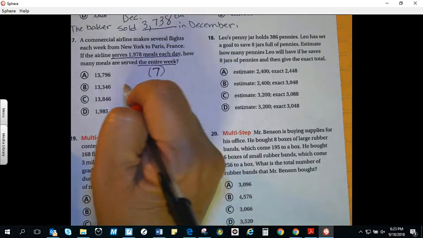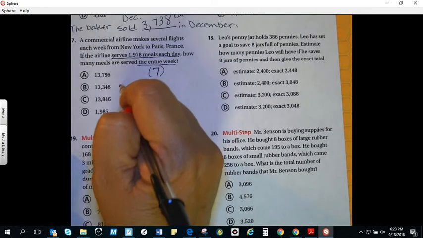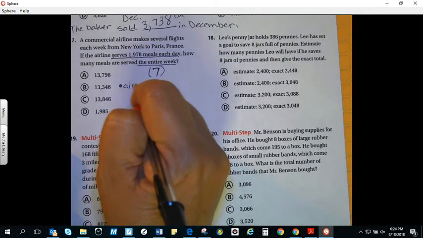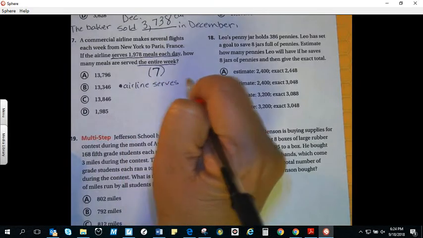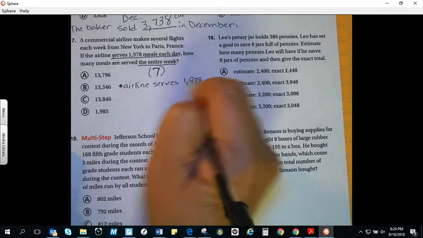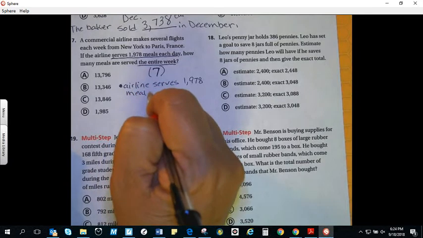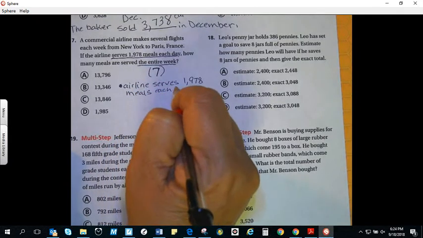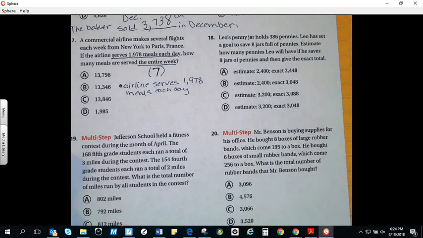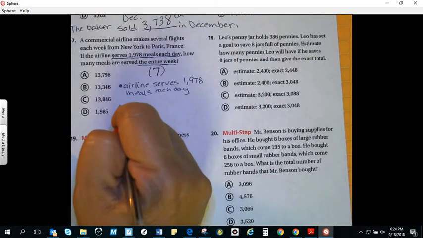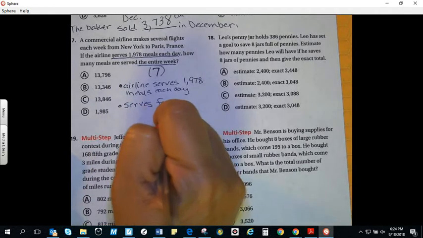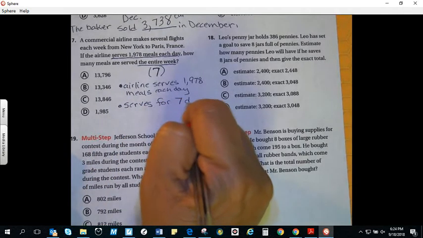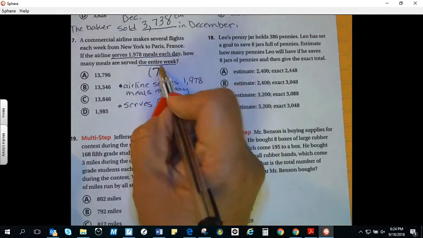So I'm going to pull out my information. So it's airline serves 1,978 meals each day. Serves for 7 days because it said entire week.